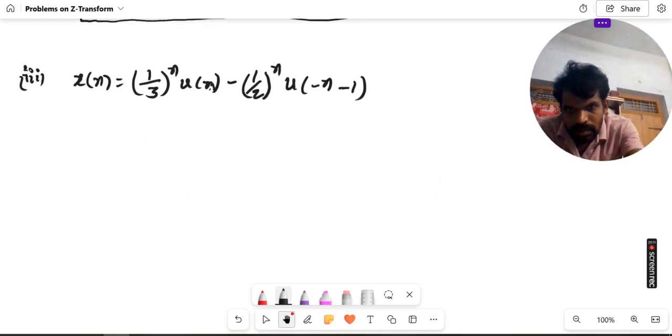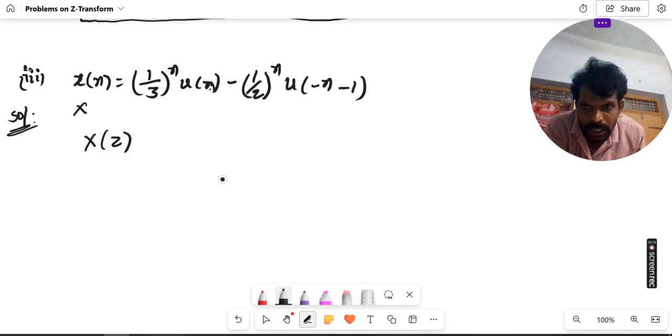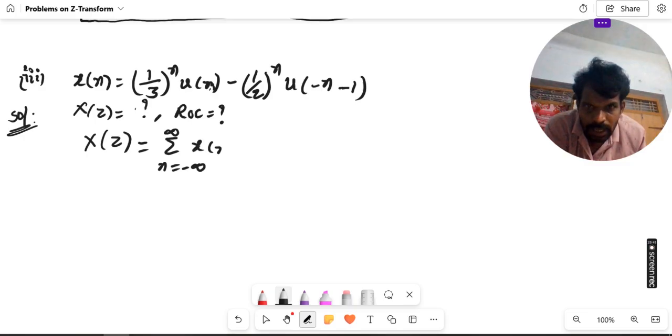Now let us substitute that x of n in the formula of Z transform, that is x of z. Solution: here also we are going to find out x of z and ROC. So here the formula is summation n is equal to minus infinity to infinity x of n into z to the power of minus n.